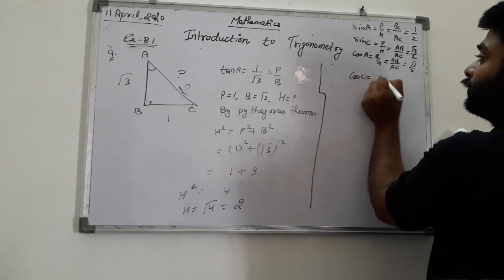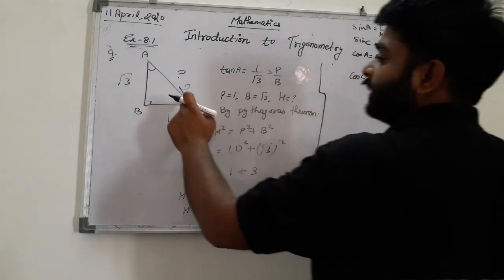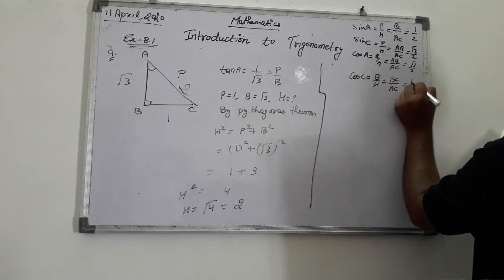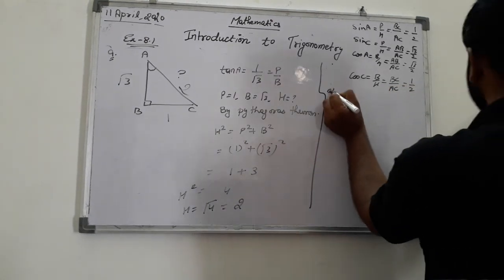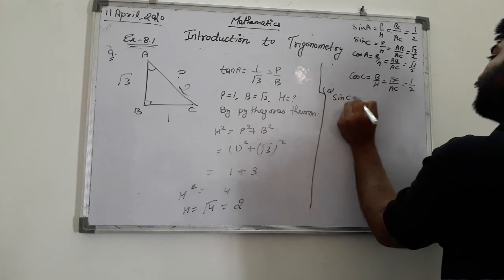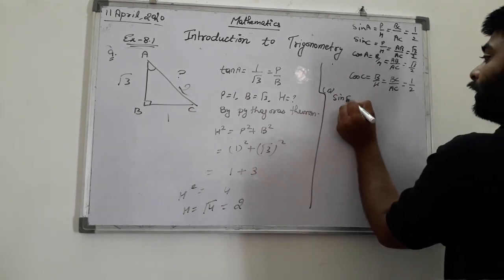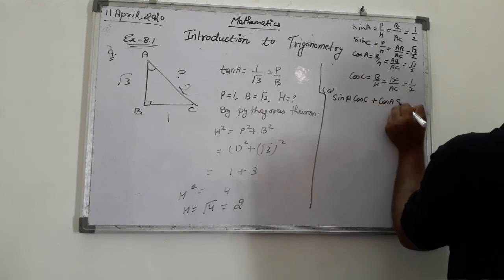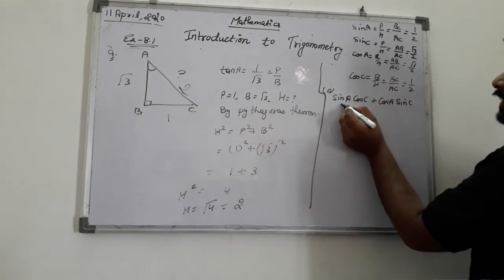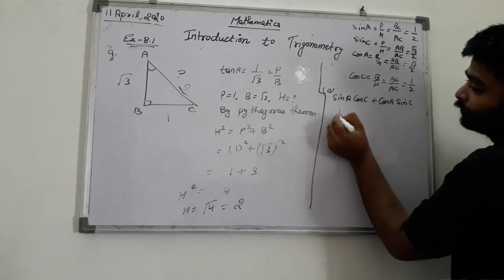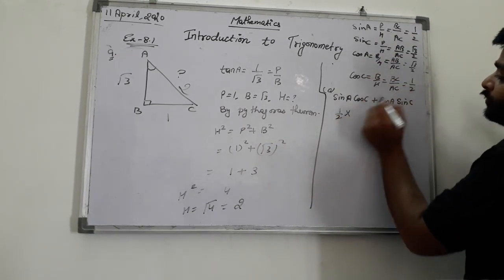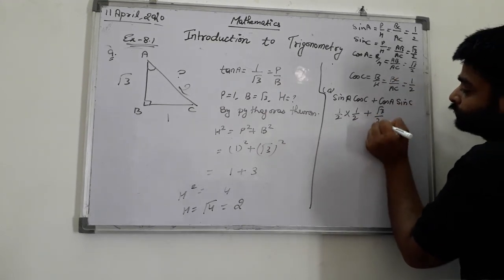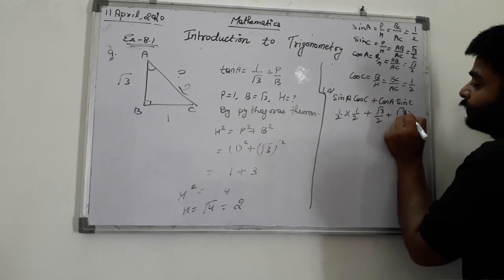Now cos C, what is base upon H? Now this is angle C, so this is the base. So BC upon AC, that is 1 upon 2. Now the first part is sin A cos C plus cos A sin C. Sin A is 1 upon 2, cos C is again 1 upon 2, plus cos A is root 3 upon 2, sin C is root 3 upon 2.